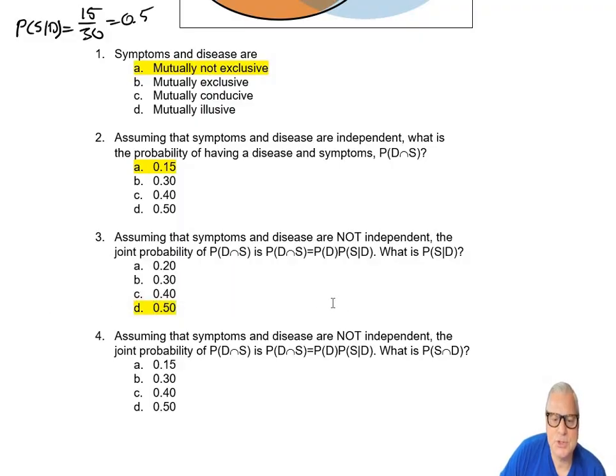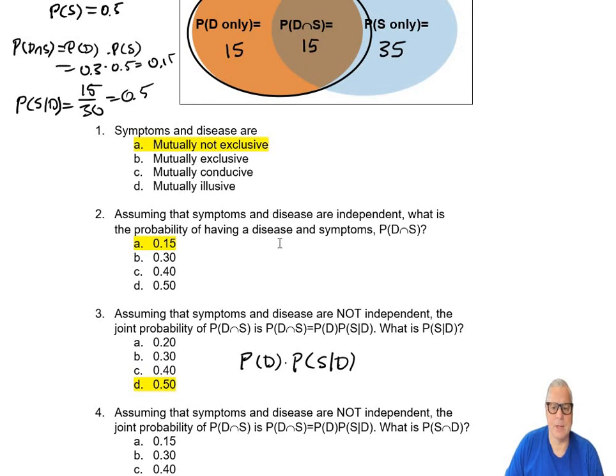Assuming that symptoms and disease are not independent, what's the joint probability? Now we need to calculate the probability of D times the probability of S given D. And you see that is the difference to the earlier question.